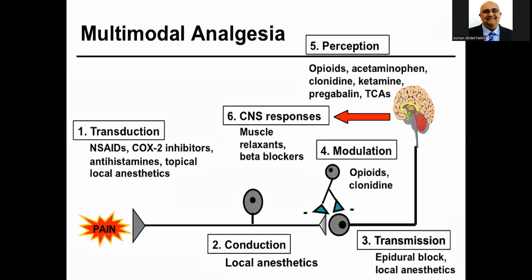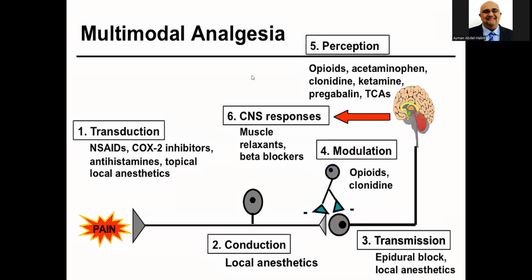Multimodal analgesia. I like this slide and I bring it almost in all my presentations. It explains to you at a tissue level the different types of medications and how they work, starting from transduction, conduction, transmission, modulation, perception, and CNS response.